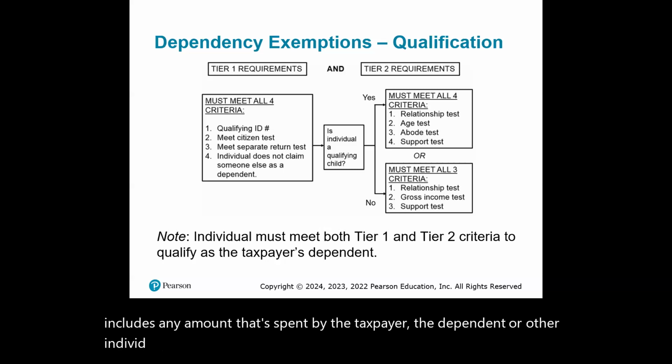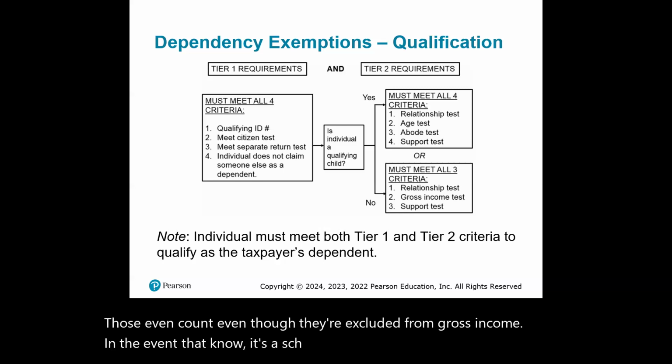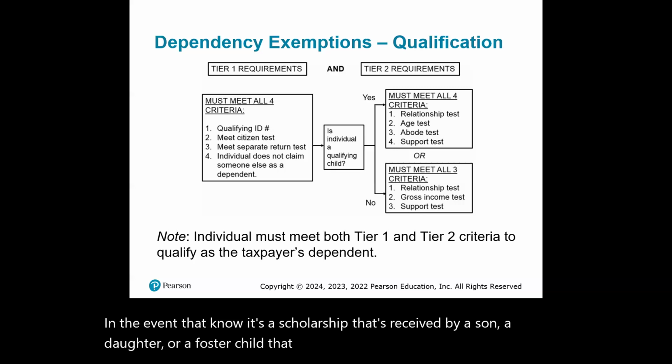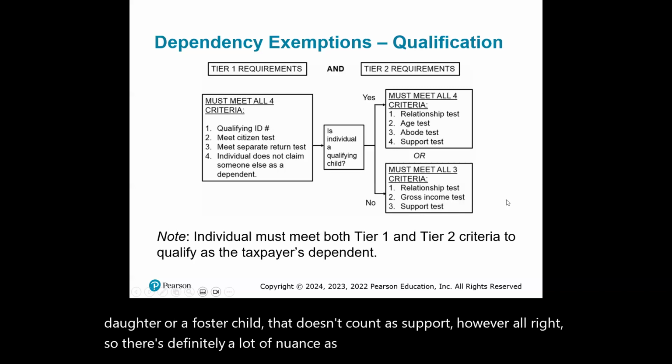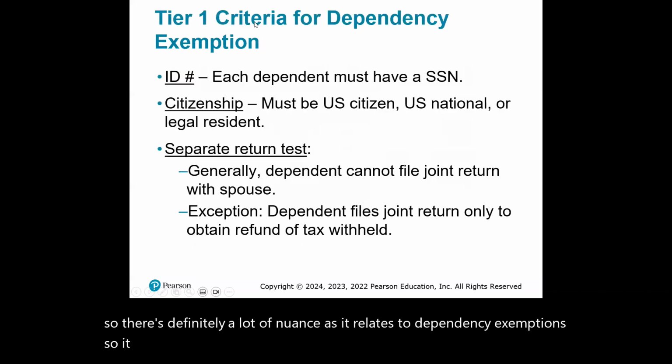Welfare and Social Security benefits that are spent on support, those even count, even though they're excluded from gross income. In the event that it's a scholarship that's received by a son, a daughter, or a foster child, that doesn't count as support, however. All right, so there's definitely a lot of nuance as it relates to dependency exemptions. So it's very important to gain a great understanding of this.